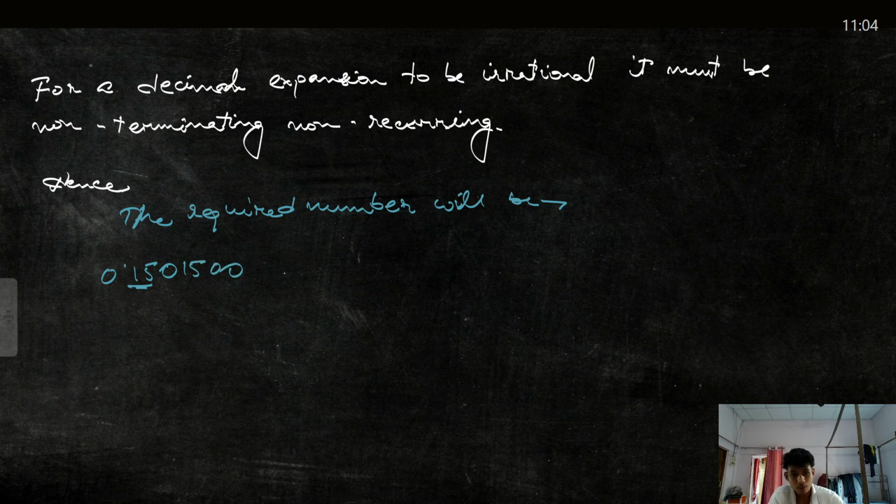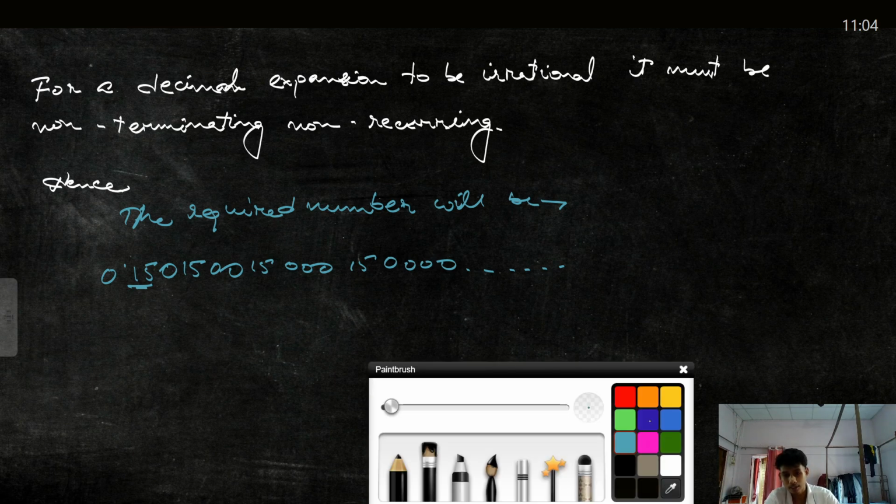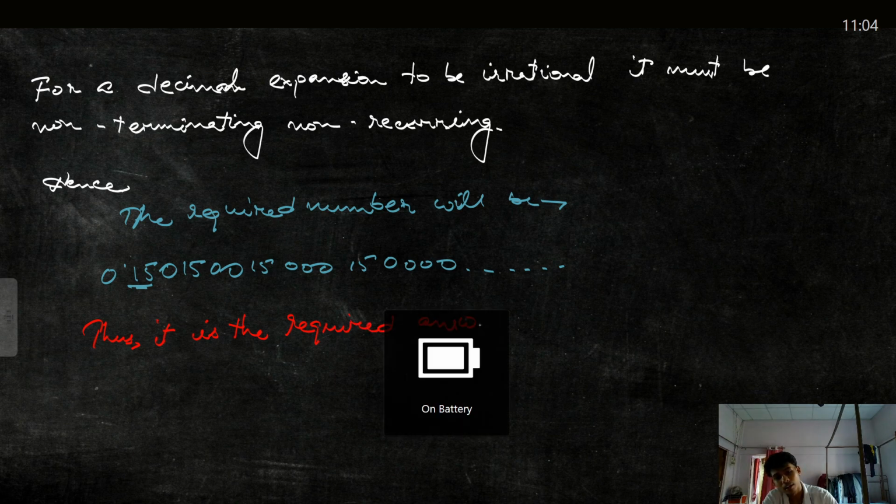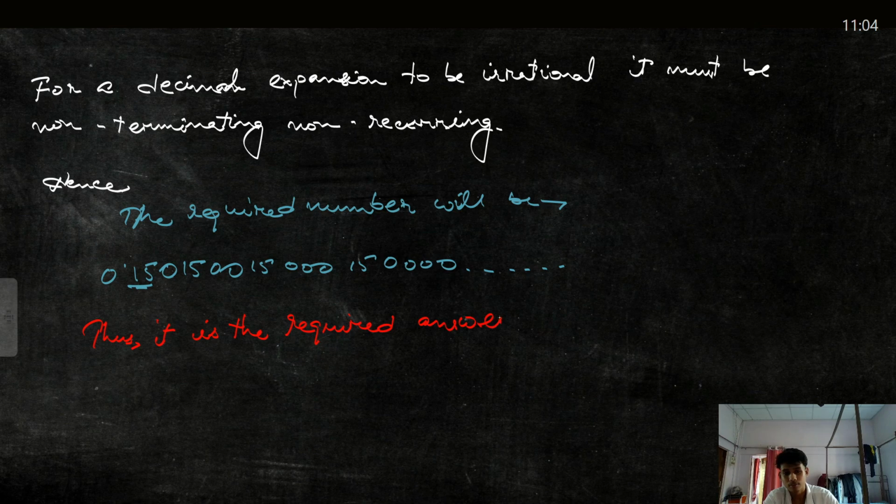Then we put double 0: 0.15000, 0.150000, and it will go on. Thus, this is the required answer.